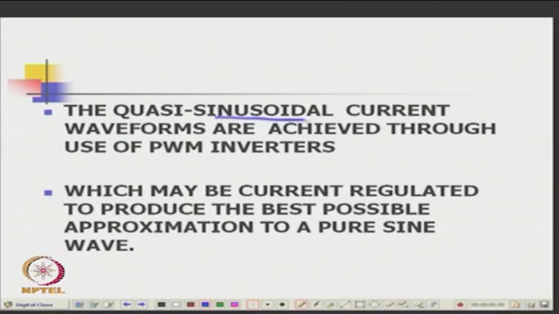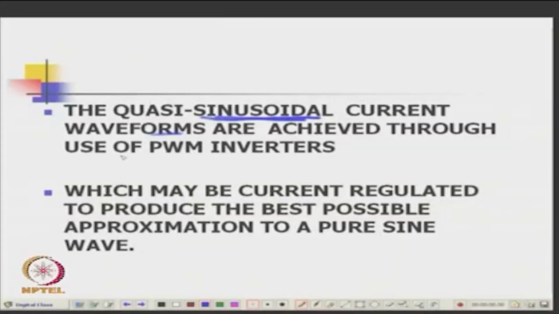So, one thing is in a sine wave machine you must get flux density due to the poles as sinusoidal, and MMF due to the currents to be sinusoidal, is it clear? These are the two things: MMF produced by the stator current must be sinusoidal, flux density produced by the rotor magnet must be sinusoidal.